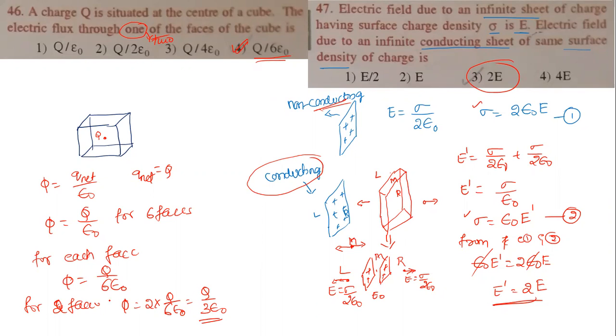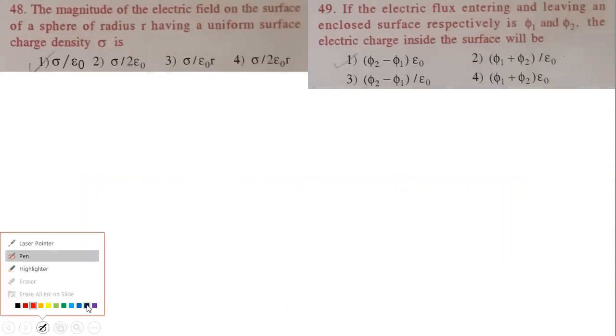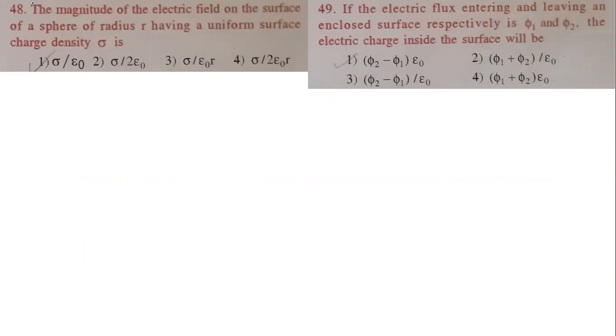Next question is, yes, question number 48. The magnitude of electric field on the surface of a sphere of radius R having a uniform surface charge density sigma is how much?